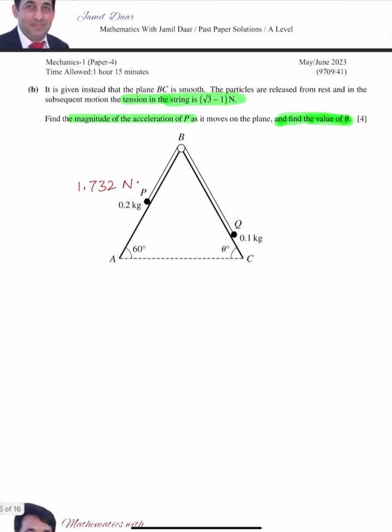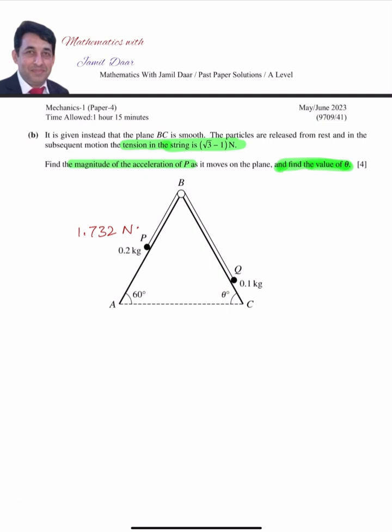Yes. And the driving force for Q would be mg sine of theta, and this is equal to 0.1 into 10 into sine of theta. We don't know the angle now. We have to find it. So this is equal to sine theta.